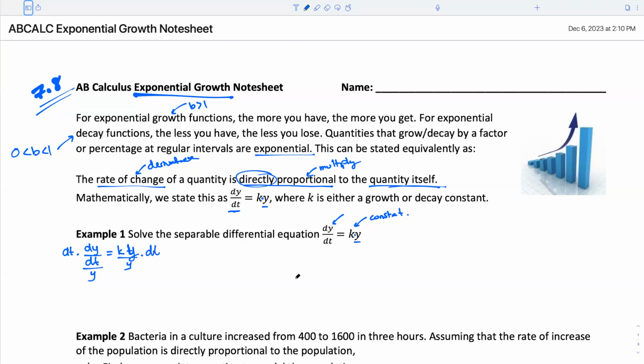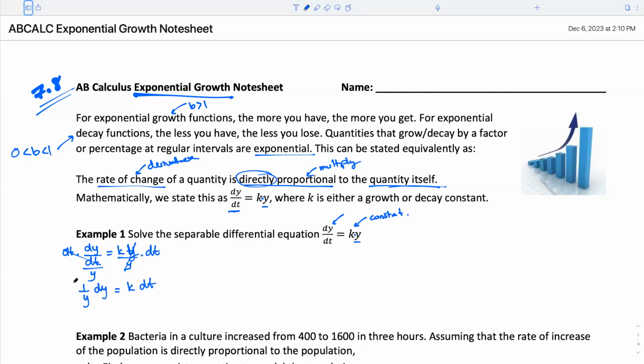Okay, I'm just doing it all in one step. Now the y's are gone on this side, dt is gone on this side. So here we are left with 1 over y dy equals k dt. Remember, k is a constant, it's not t itself.